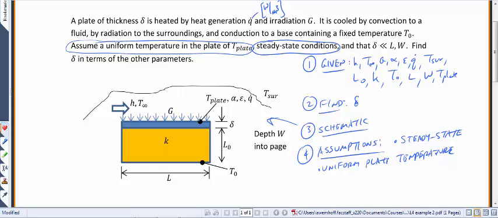This is important because it means that all the surfaces of the plate are at the same temperature, which is T sub plate. Third, since we know that delta is much smaller than the other dimensions of the plate, then we can assume that there is negligible heat transfer out the sides of the plate. What this means is that all heat transfer is at the top and the bottom.